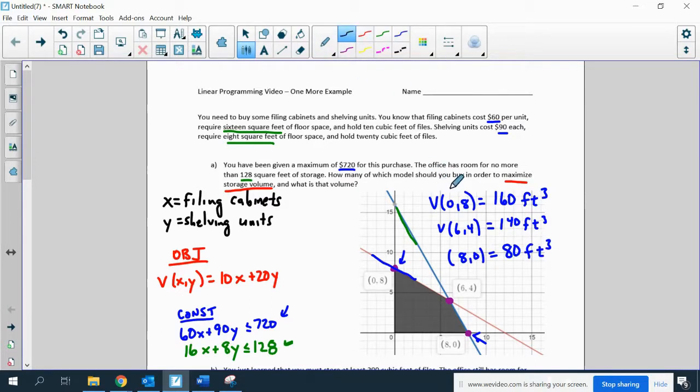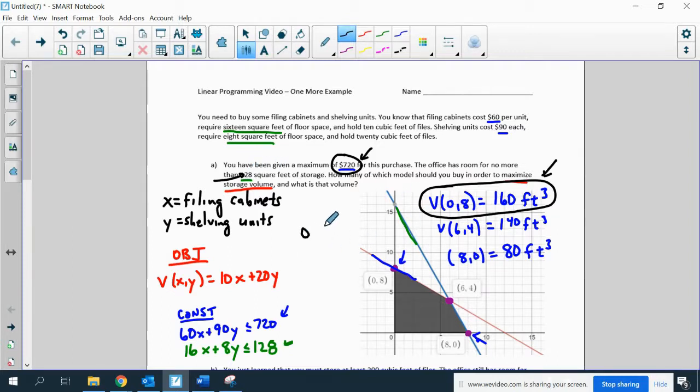So the thing that maximizes my storage volume is actually not buying any filing cabinets at all. It would use all 720 of my dollars, but I would get the most amount of cubic feet of storage for the price that I was told that I can have and the amount of square footage that I can have.